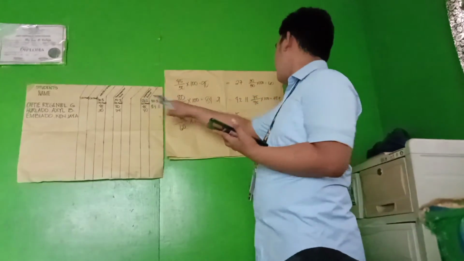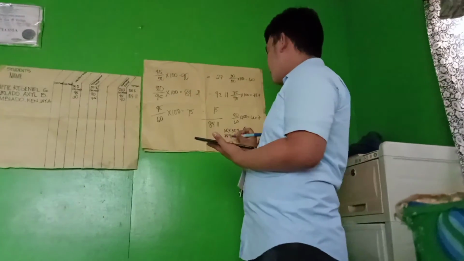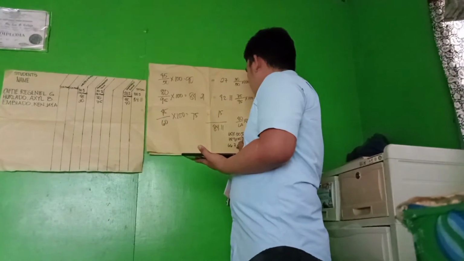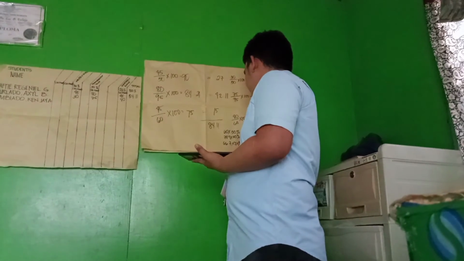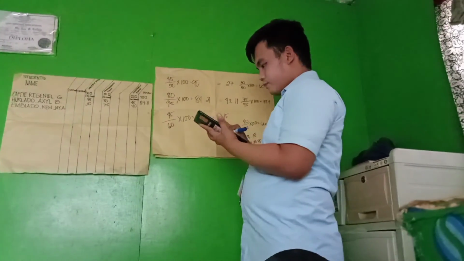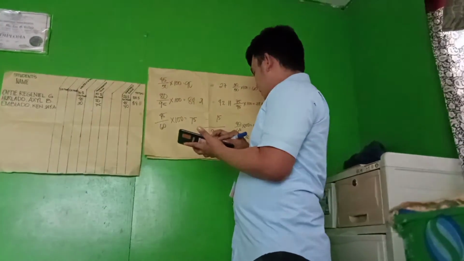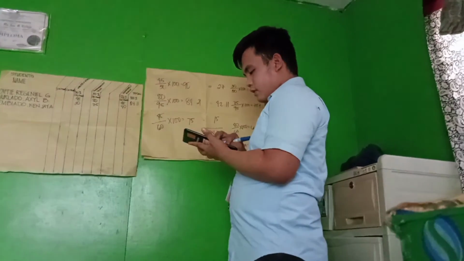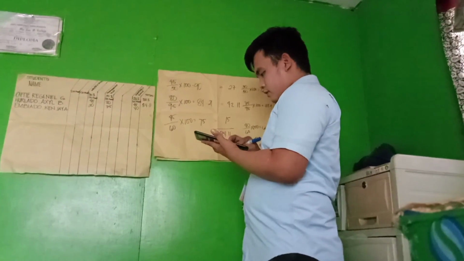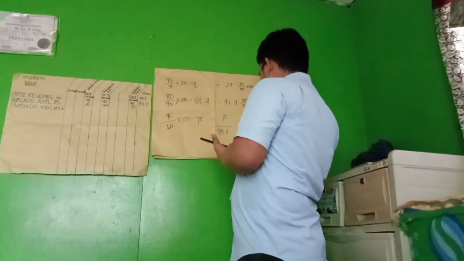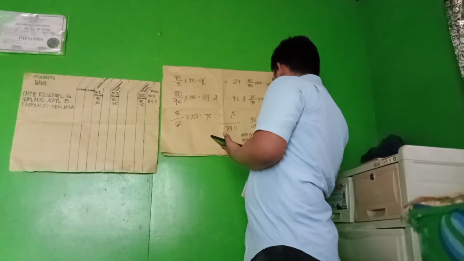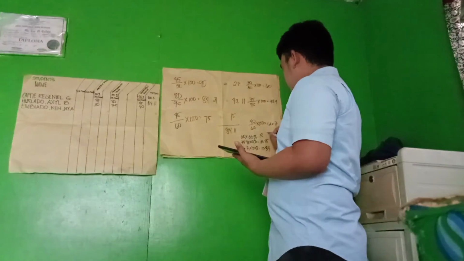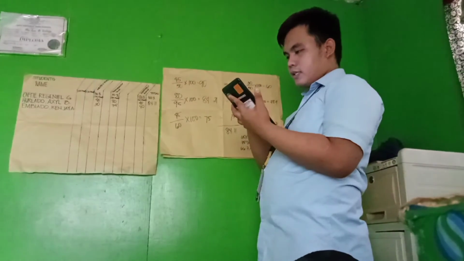Then his quarterly exam: 66.7 multiplied by 20% is 13.34. Now we're going to add these numbers.